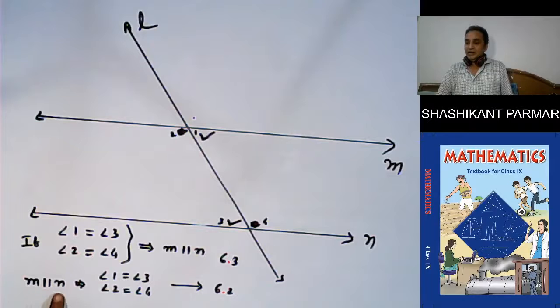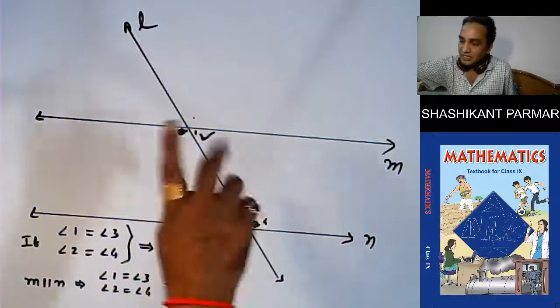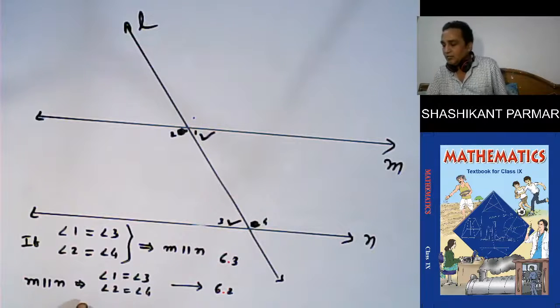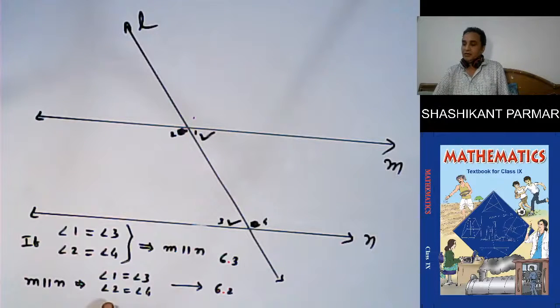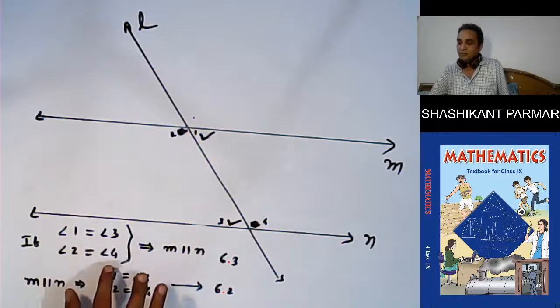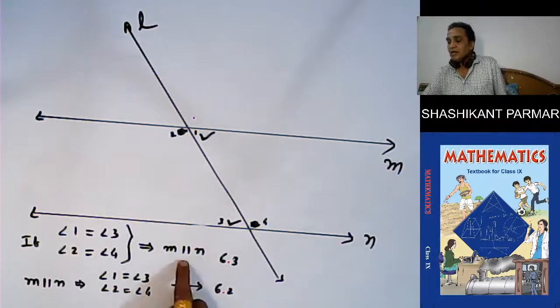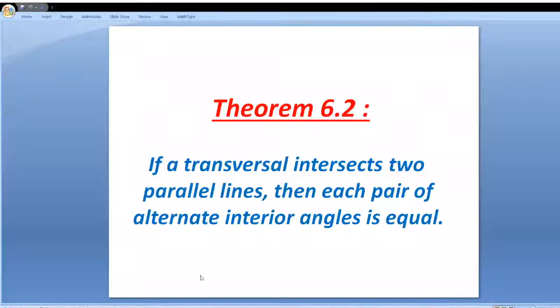If M and N both are parallel lines and L is transversal of these lines, then angle 1, 3, that means interior alternative angles, and angle 2 and 4 are equal, and vice versa. If angle 1 and 3, 2 and 4, that means interior alternative angles are equal, then two lines M and L are parallel.